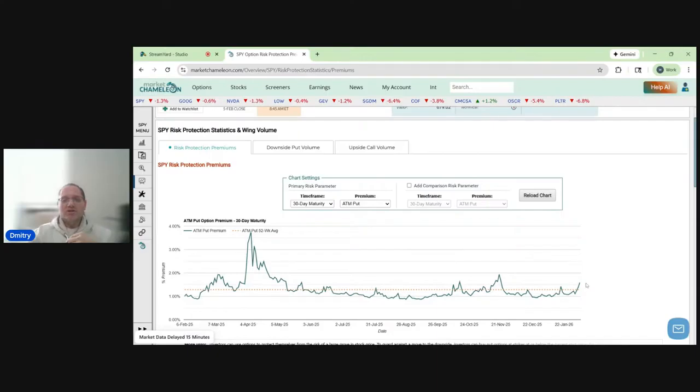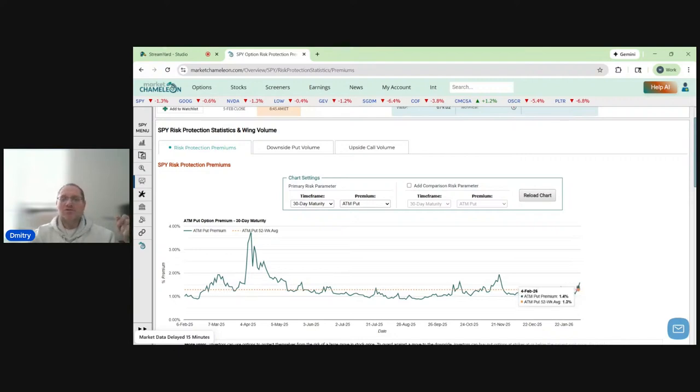So when we do that, as you can see here, this is a percent. What we're then looking at is, if I wanted to insure, buy an at the money put, and I wanted to insure downside, what would it cost me? So by doing a percent, you're saying that for every $100 worth of stock that I own, it would cost me X percent in option premium to protect that downside.